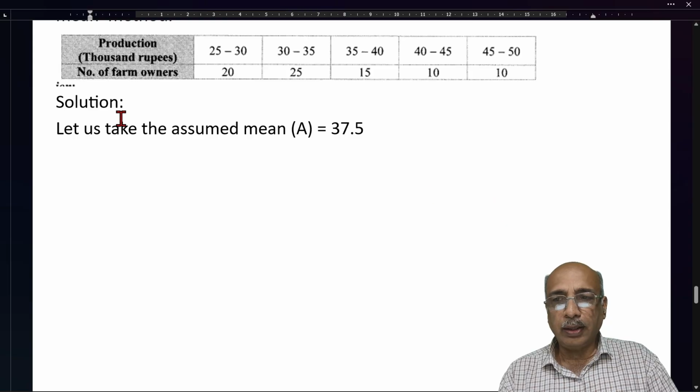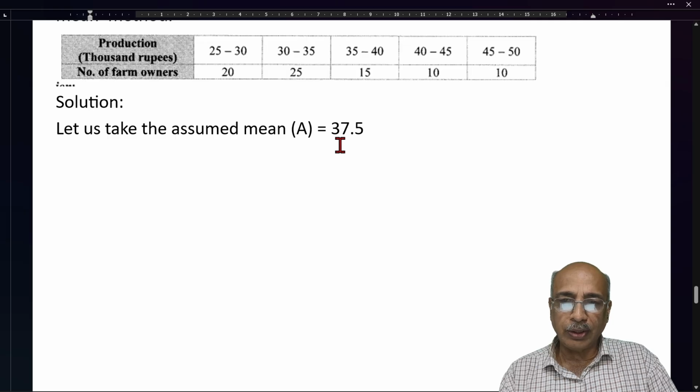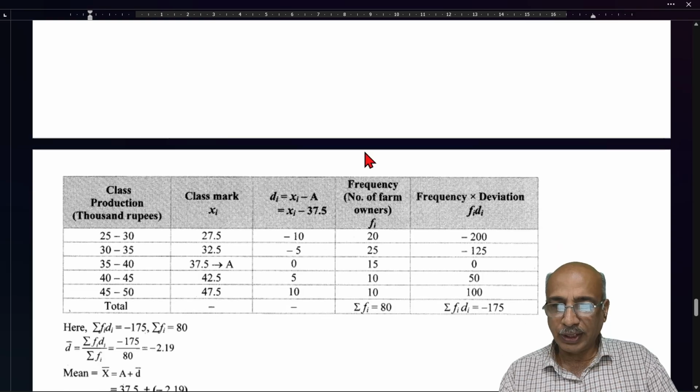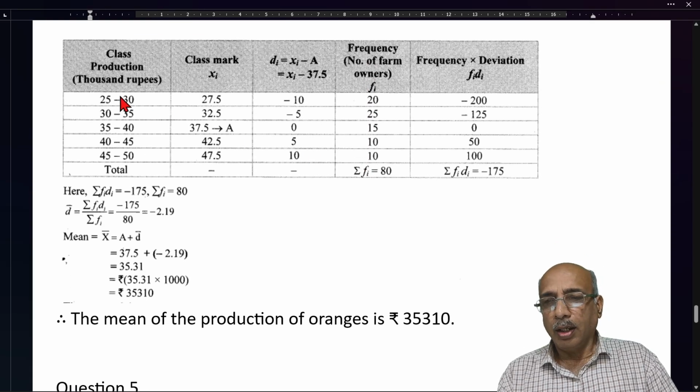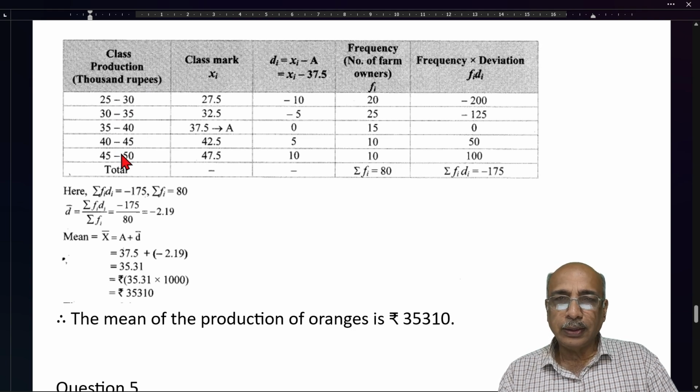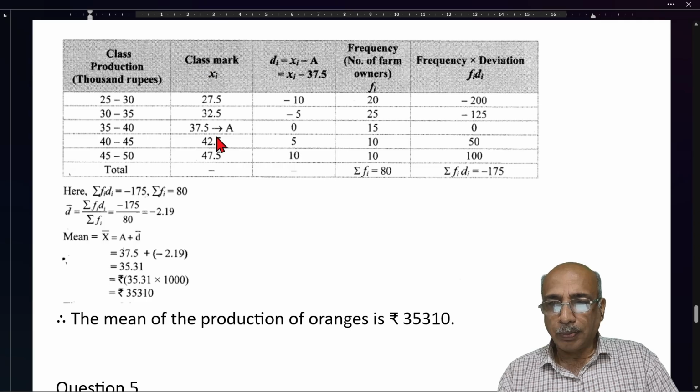As you know, let us take the assumed mean. What you are going to take, we have to write up only. A equals 37.5 is taken in this example. We'll see in the table here. Class production in 1000 rupees. So here you have to write the class interval, class mark.